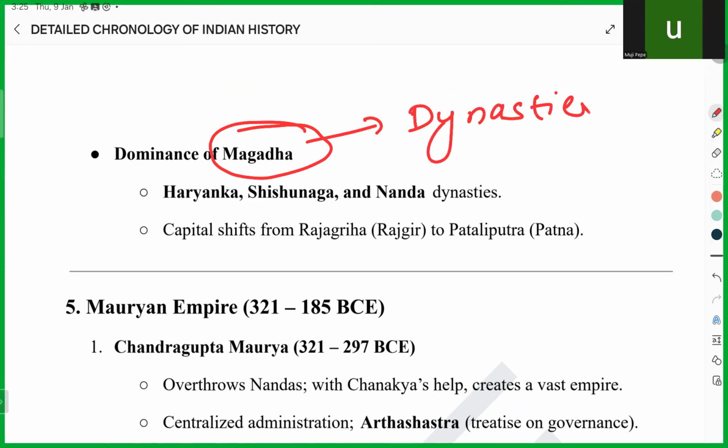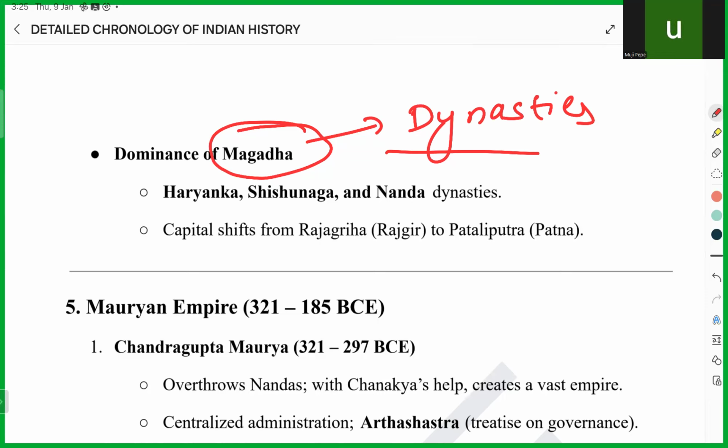Just like the Indian Republic, under it you have Indira Gandhi, then different rulers came, right? Like Atal Bihari Vajpayee, Narendra Modi, Rajiv Gandhi, VP Singh, Lal Bahadur Shastri, Jawaharlal Nehru.